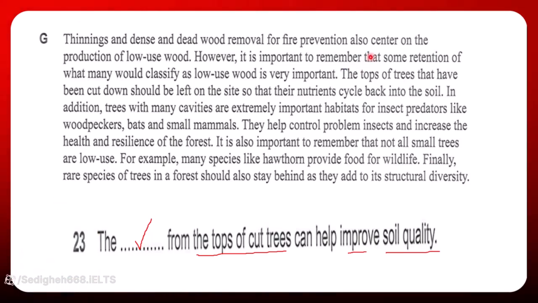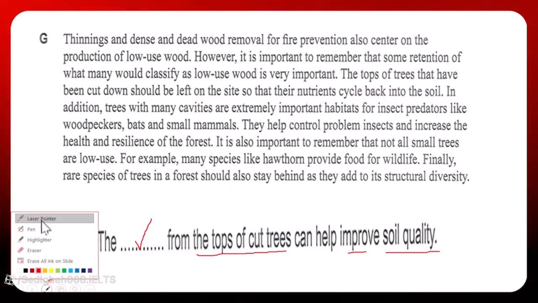We start reading from another sentence. It says, however, it is important to remember that some retention of what may be classified as low-use wood is very important. The tops of trees that have been cut down should be left on the site so that their nutrients cycle back into the soil.